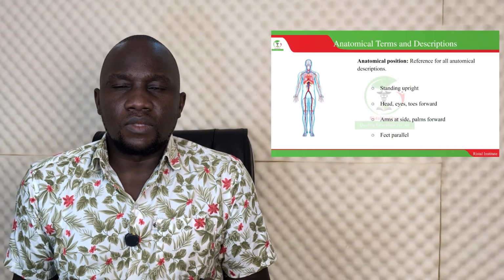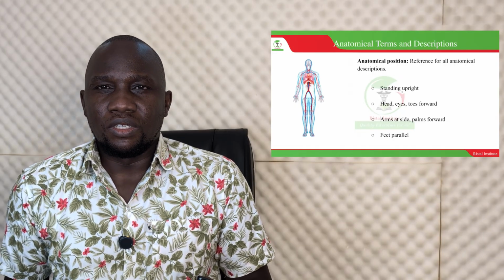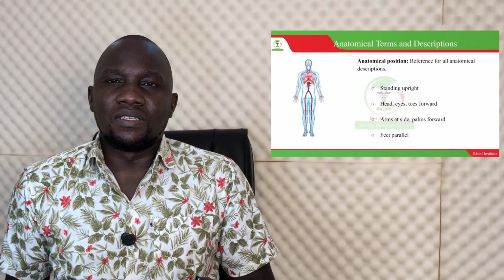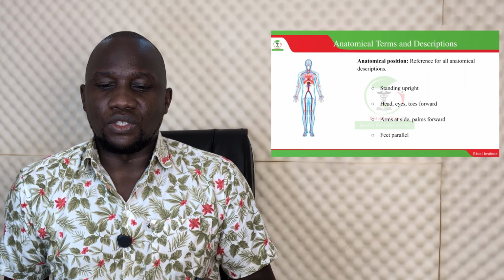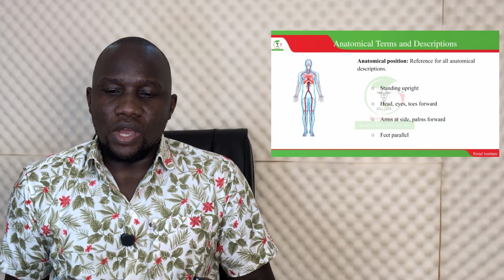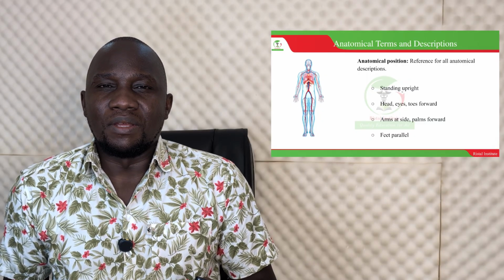So the starting point in understanding anatomical descriptions or terms is understanding what we can call the anatomical position. This is the reference point when you are describing any body part.